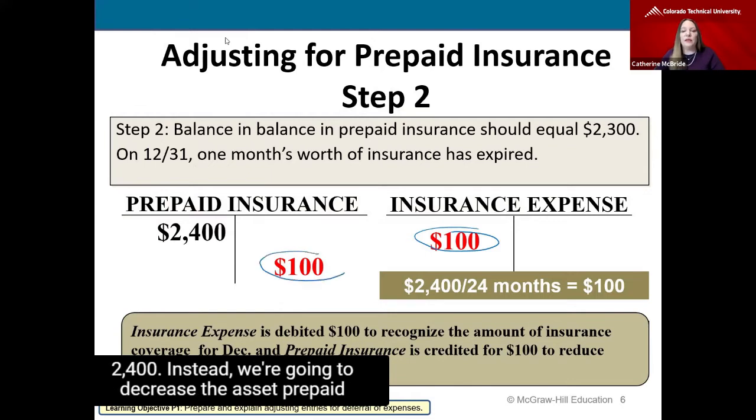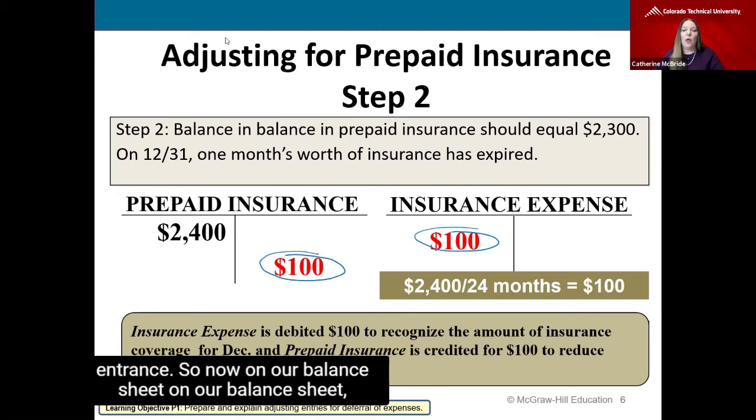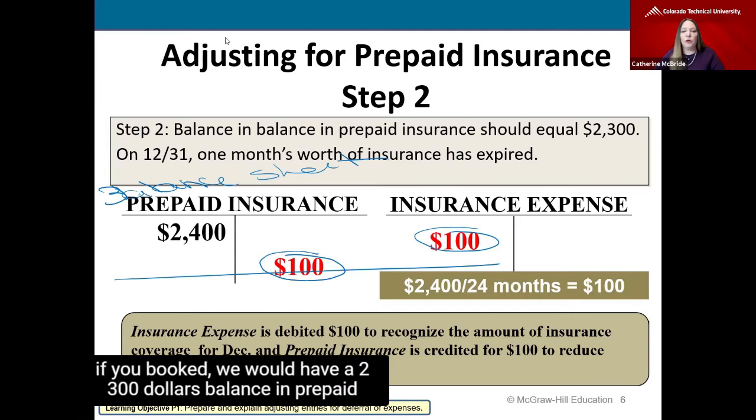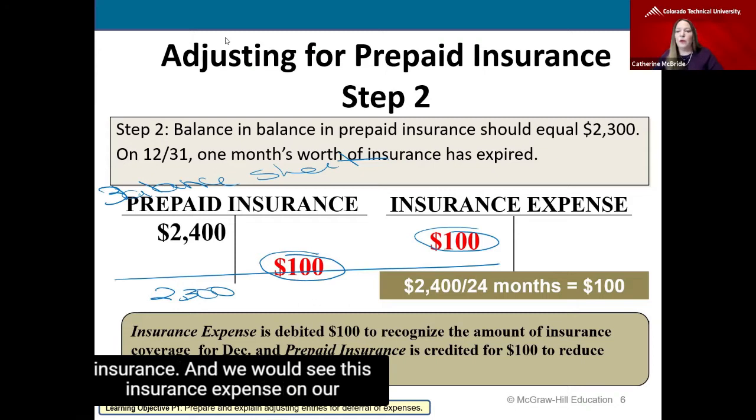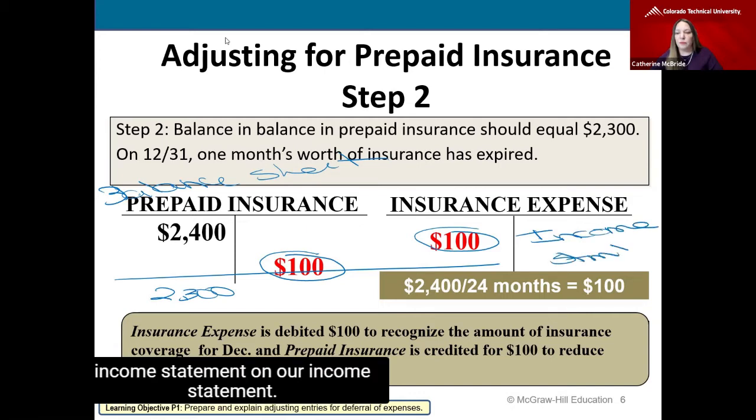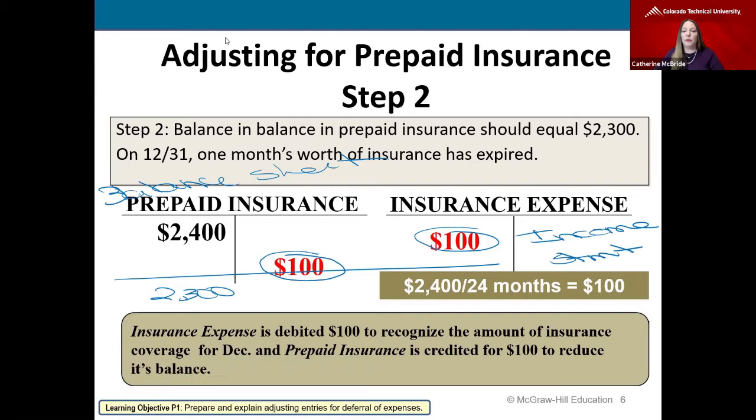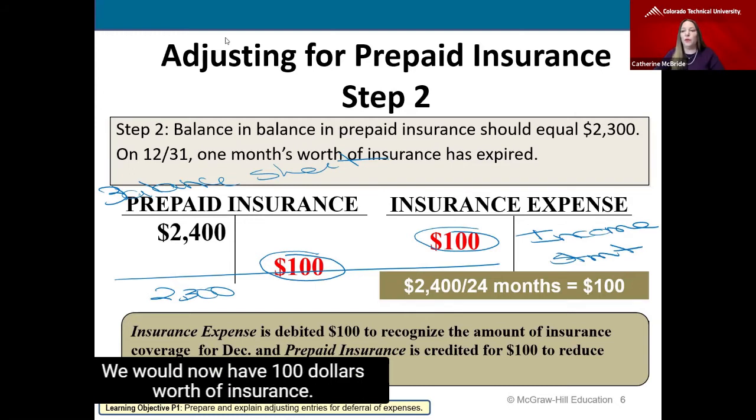Instead, we're going to decrease the asset prepaid insurance. So now on our balance sheet, we would have a $2,300 balance in prepaid insurance, and we would see this insurance expense on our income statement. On our income statement, we would now have $100 worth of insurance expense.